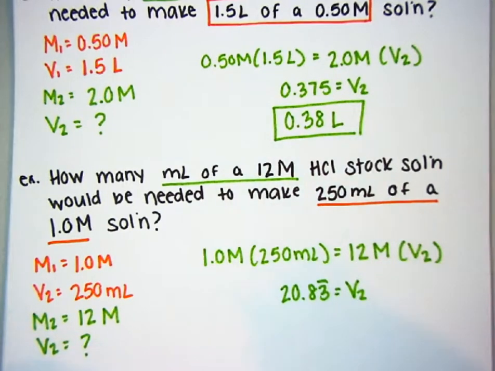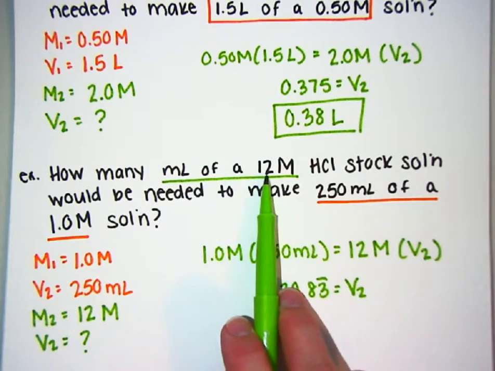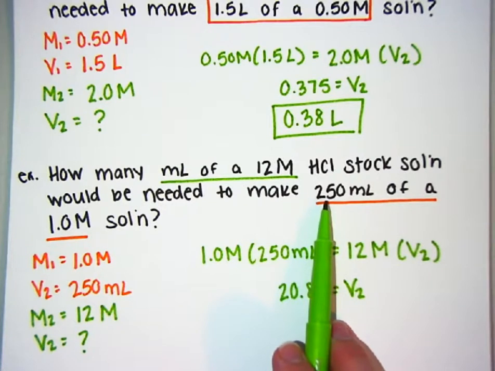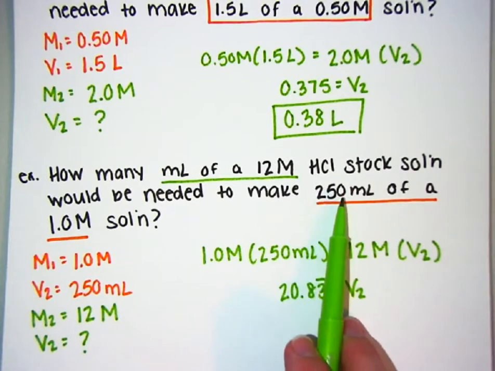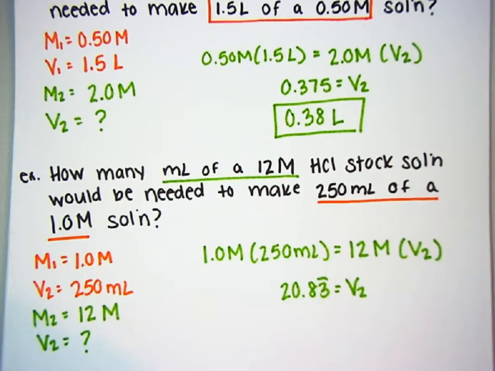And then last two things that we do for every single calculation. First, we need to round to the appropriate number of significant figures. Look at all 3 measurements. 12 molar has 2 significant figures. 250 has 2 significant figures. Trailing zeros without a decimal are not significant. 1.0 has 2 significant figures.